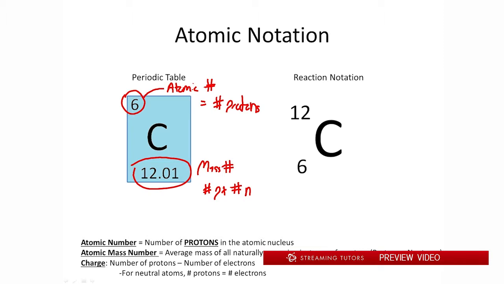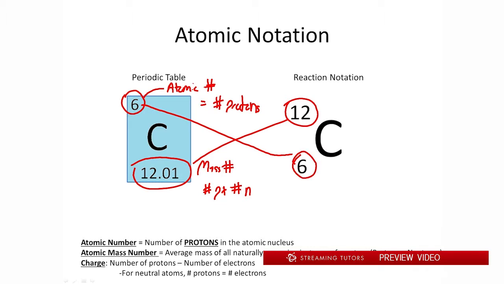And so the atomic mass is just the mass of each carbon atom from its protons and neutrons. However, when we write it out as an isotope or a separate thing, we're switching around the numbers. So the mass number would be on top when we're writing it in a reaction. The atomic number would be on the bottom.